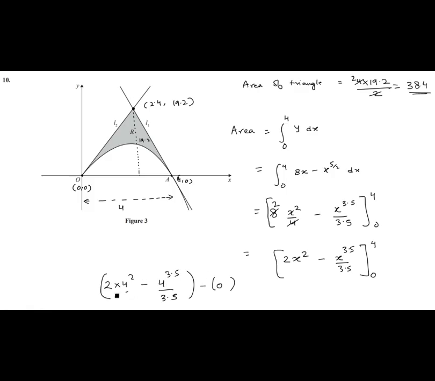So 4 times 4 is 16, times 2 is 32. Take away 4 to the power 3.5 divided by 3.5. That comes out as 256 over 7. Now if we do 32 minus 256 over 7, that comes out as minus 32 over 7. So why is that?